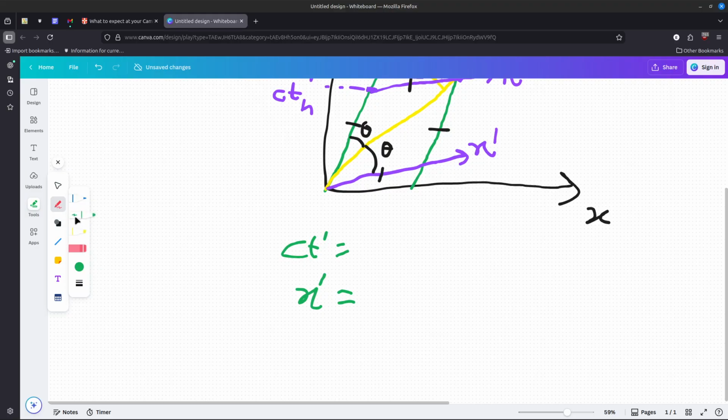Then we know, based on the normal diagram that we made before, so no relativity, just time, space, object moving, where this was t prime, and then it had its own x prime as well, then x prime was equal to x minus vt.